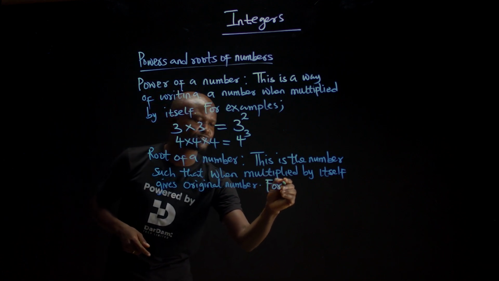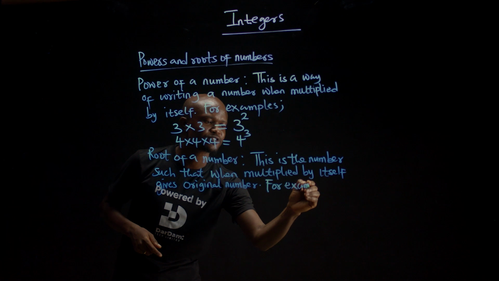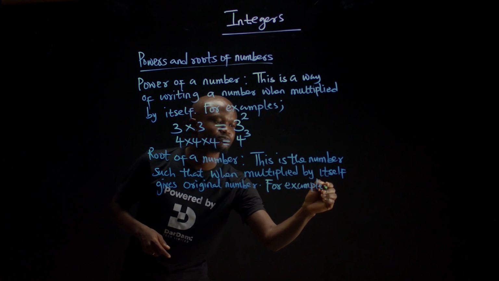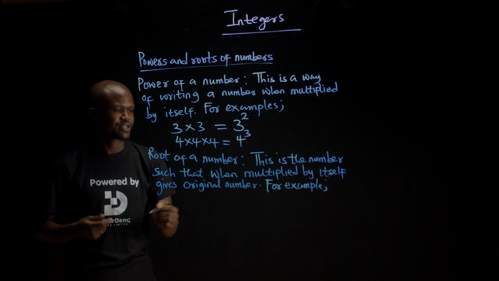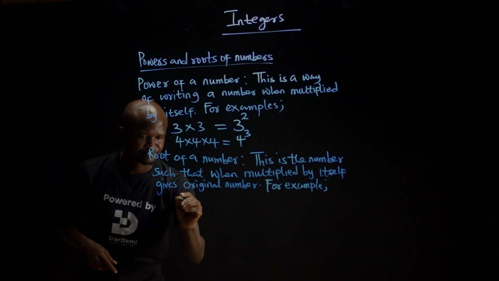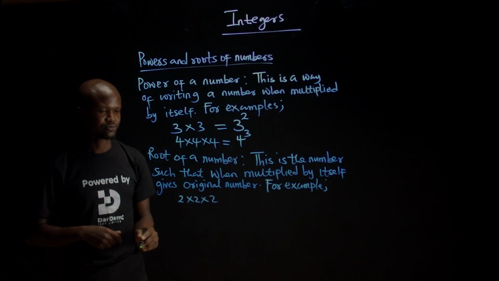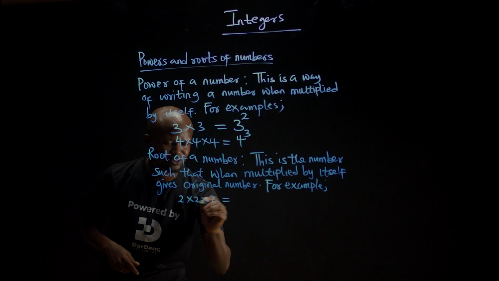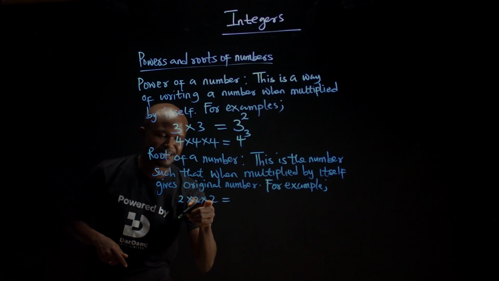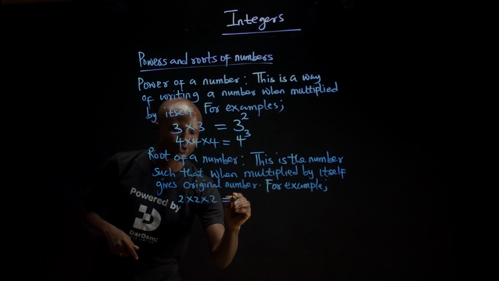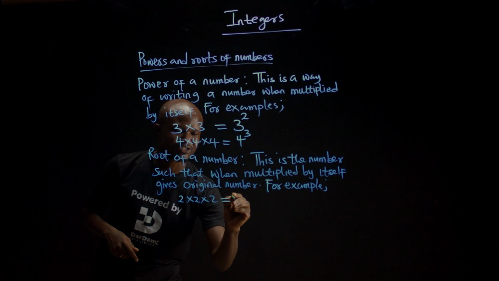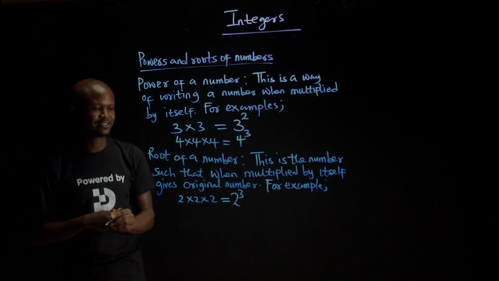For example, if I have 2 times 2 times 2, this is equal to what? 2 times 2, 4 times 2, that is 8. So this 8 can be written as 2 raised to the power of 3 normally.